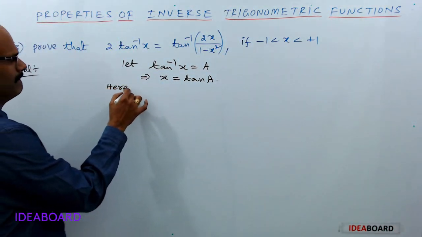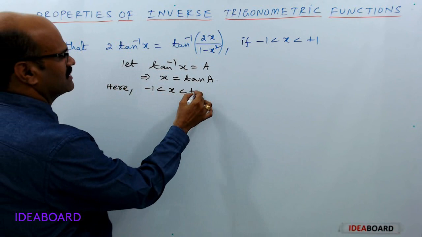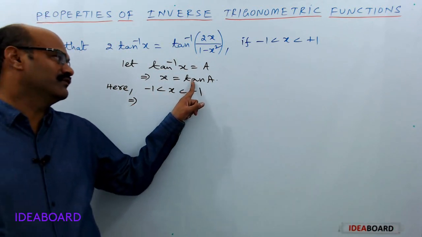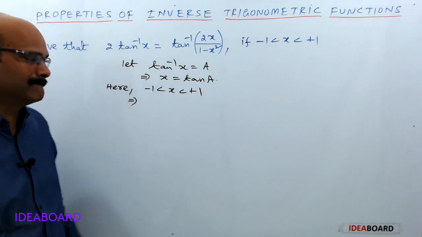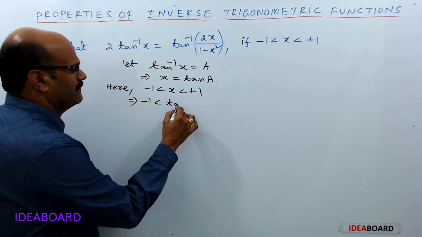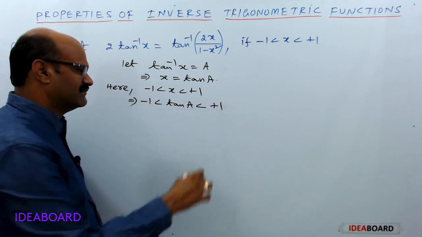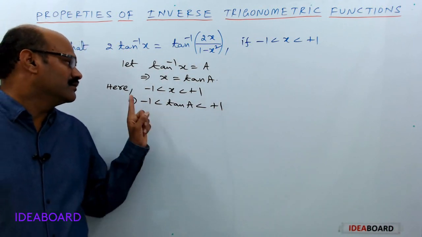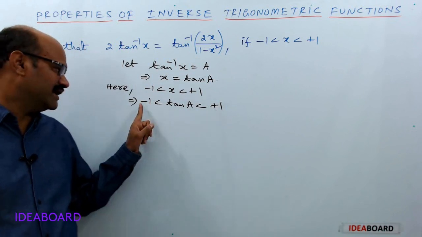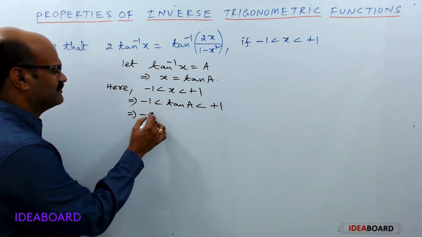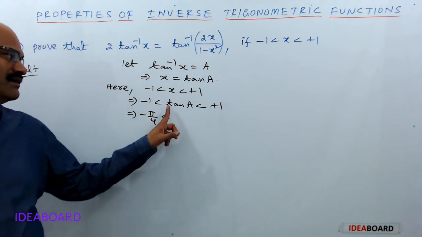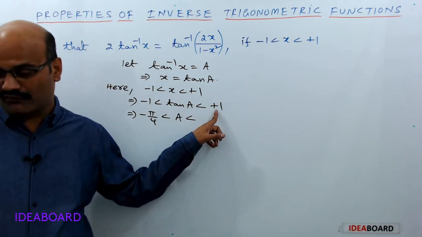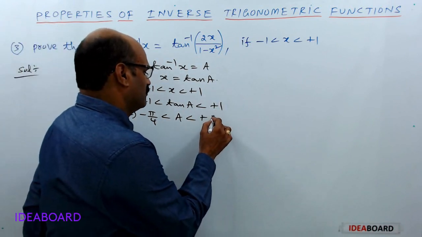Here we have minus 1 less than x less than plus 1. It implies we have minus 1 less than tan a less than plus 1. Now here apply tan inverse. So tan inverse of minus 1 equal to minus pi by 4 less than tan inverse of tan a less than tan inverse of 1, plus pi by 4.